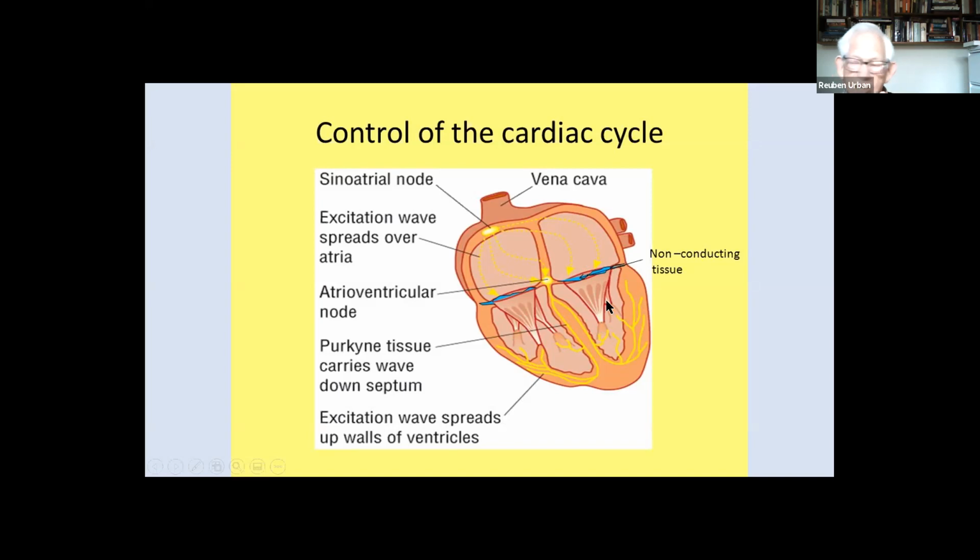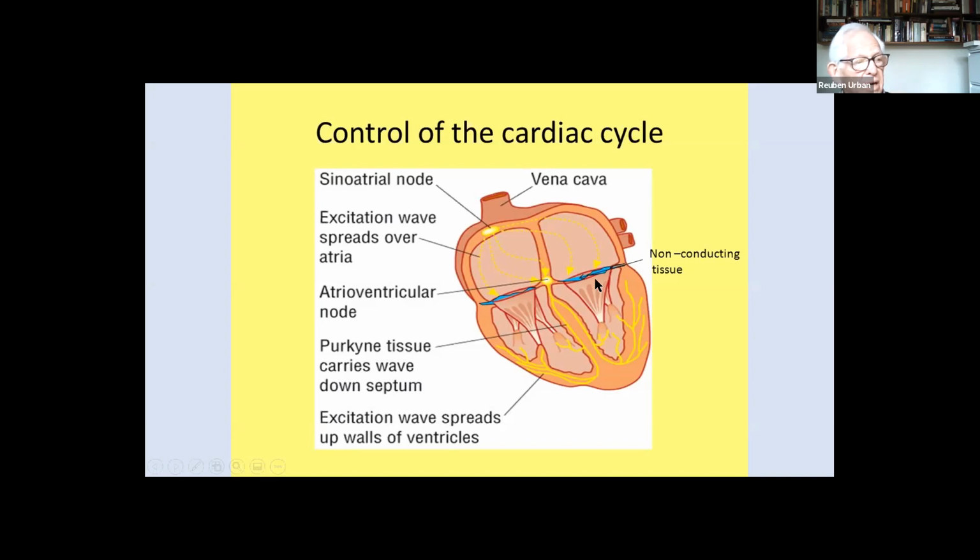Over time, especially in the left ventricle, because of the pressure, when this contracts, the leaflets move up to stop the blood going back from both sides. They can't go back into the atrium.